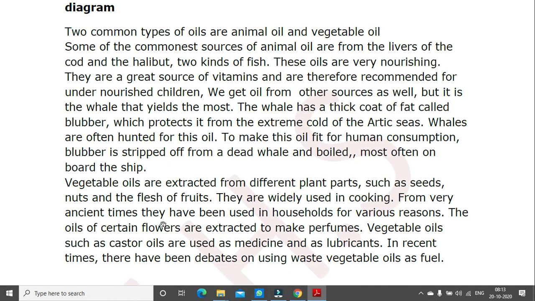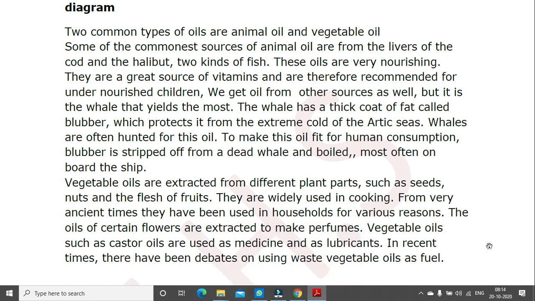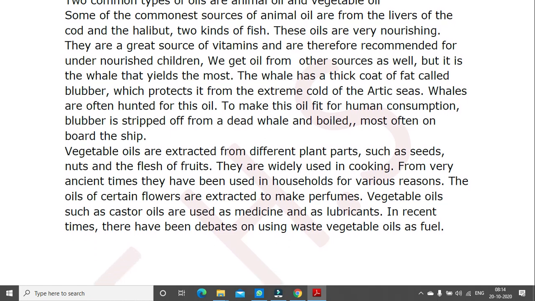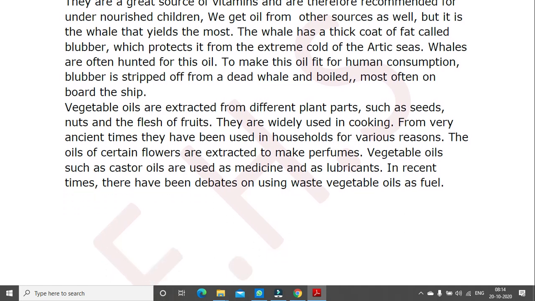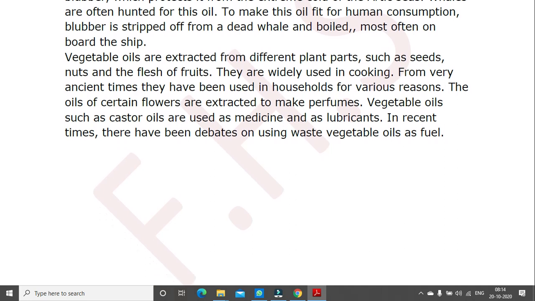From very ancient times, they have been used in households for various reasons. The oils of certain flowers are extracted to make perfumes. Vegetable oils, such as castor oil, are used as medicines and as lubricants. In recent times, there have been debates on using vegetable oils as fuel.